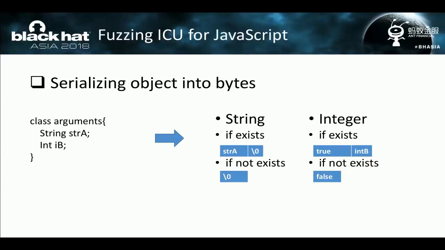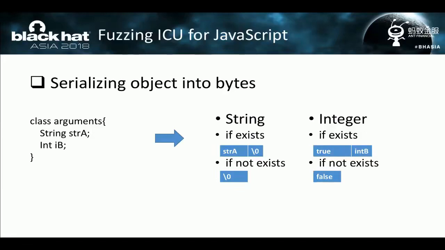If the string exists, it just appends a null at the end. If the string does not exist, it just puts a null. The integer is serialized to a bool byte followed by the integer.